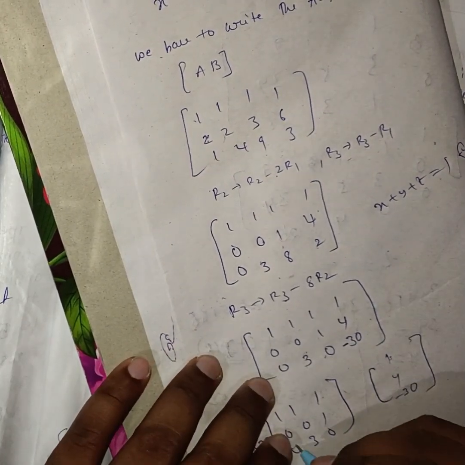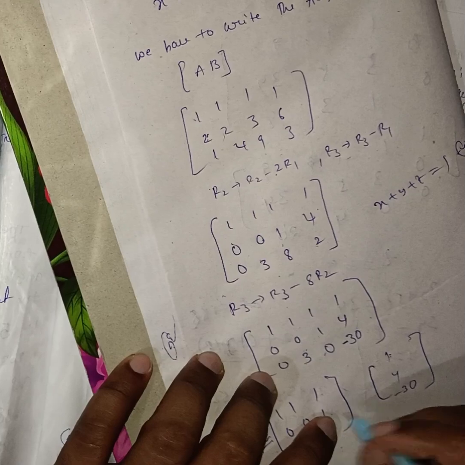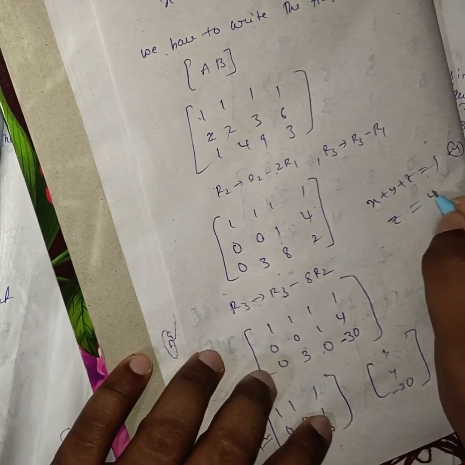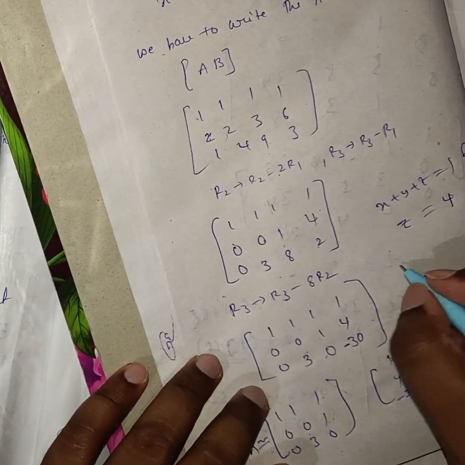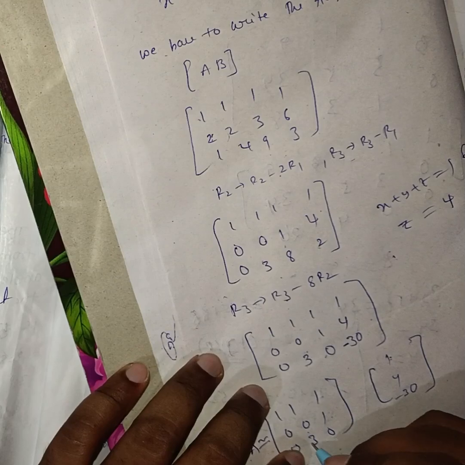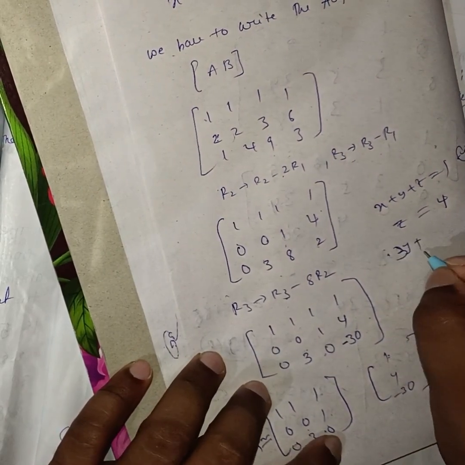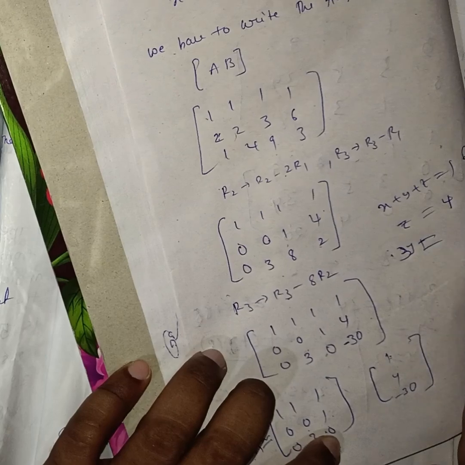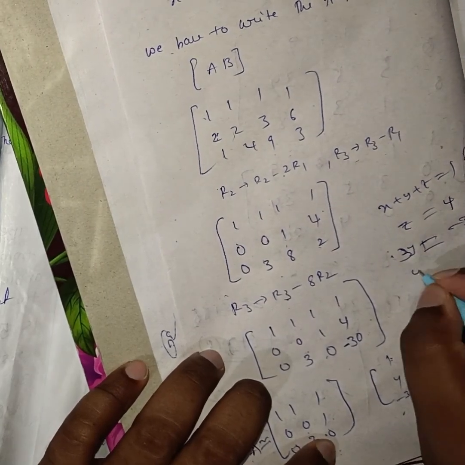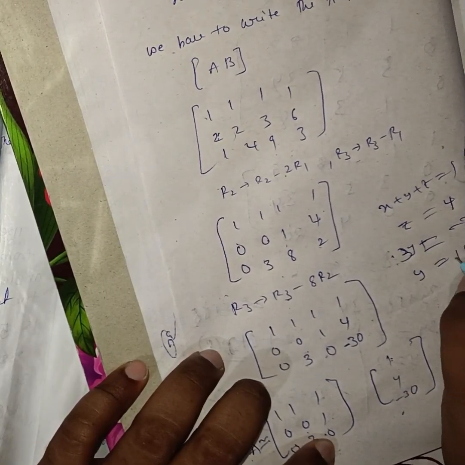Next, 0 into x plus 0 into y plus z is equal to 4. Then 0 into x plus 3 into y plus 0 into z is equal to how much? Minus 30. So y is equal to minus 30 by 3, which is minus 10.